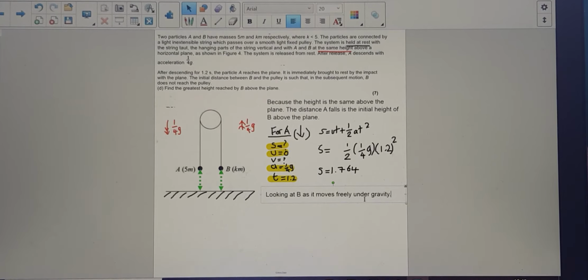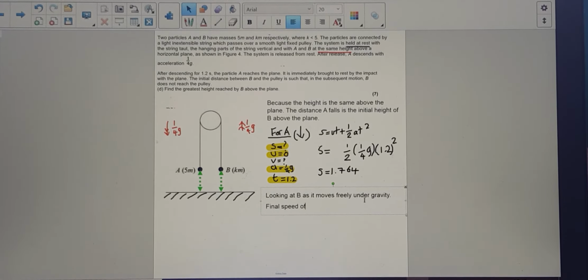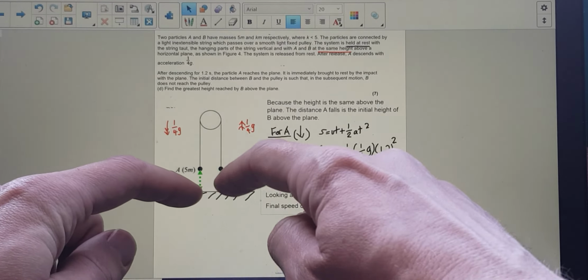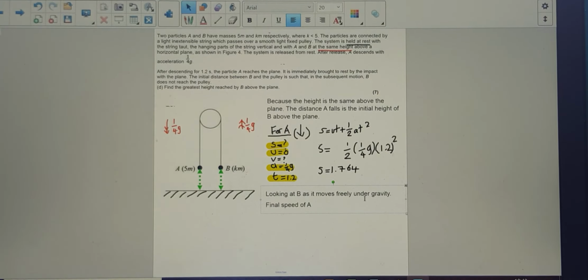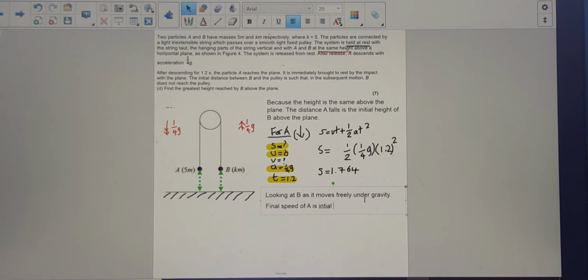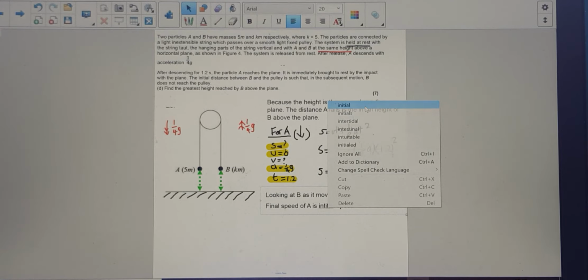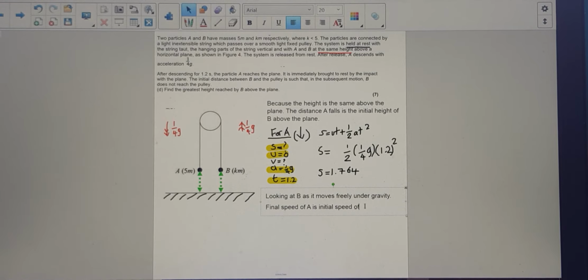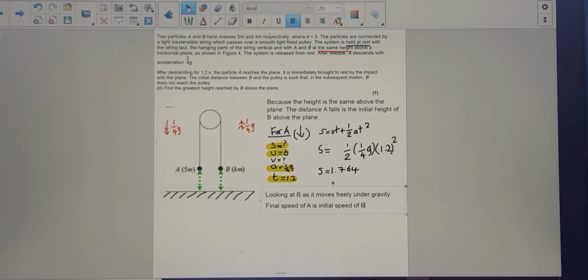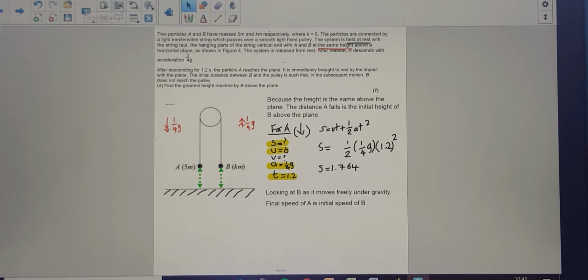And I know that the final speed of A, as A hits the ground, will be the initial speed of B just before it moves freely under gravity. So the final speed of A is the initial speed of B.